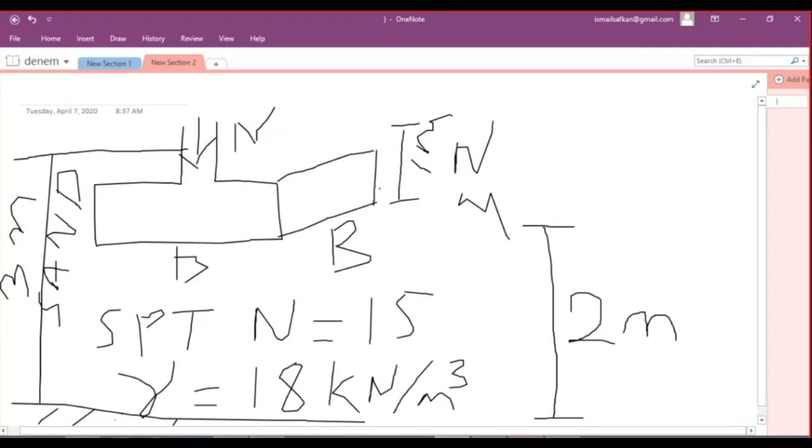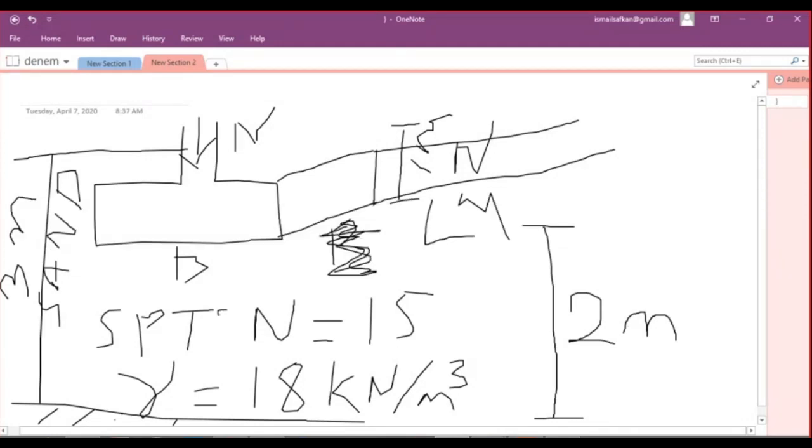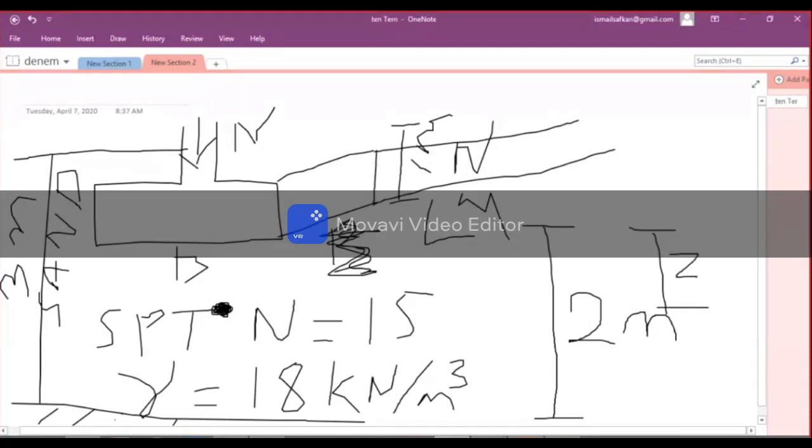Now this is not B anymore, it's an L. So I will calculate the stress at the middle of my value. So Z will be 1 meter.